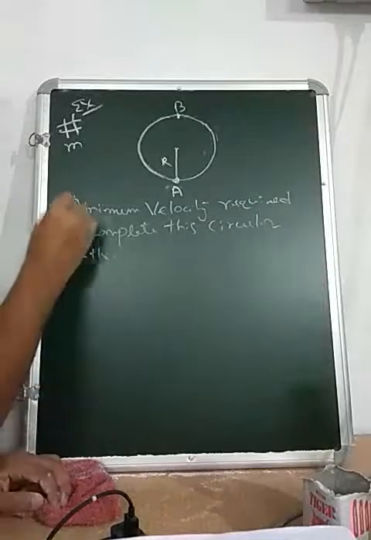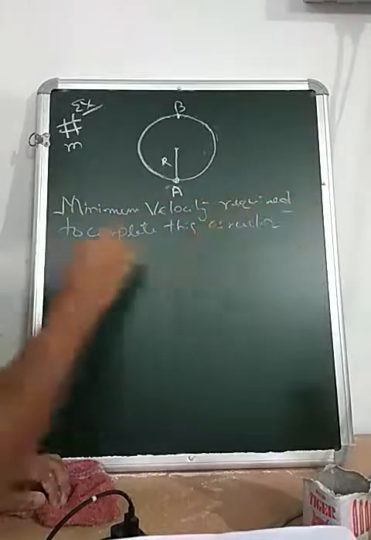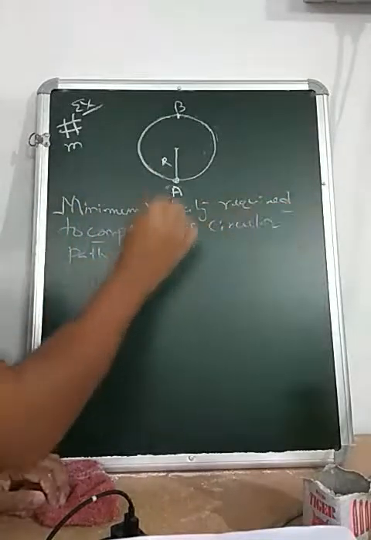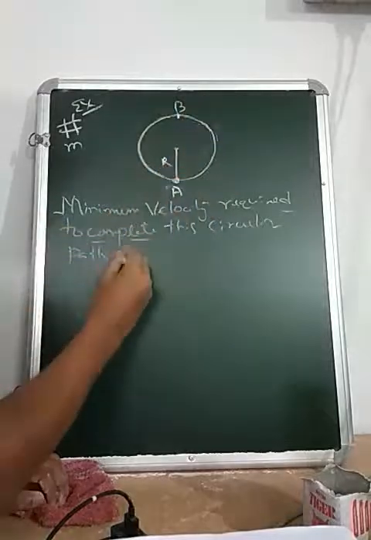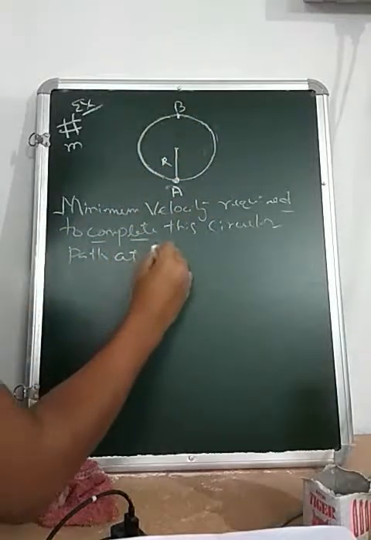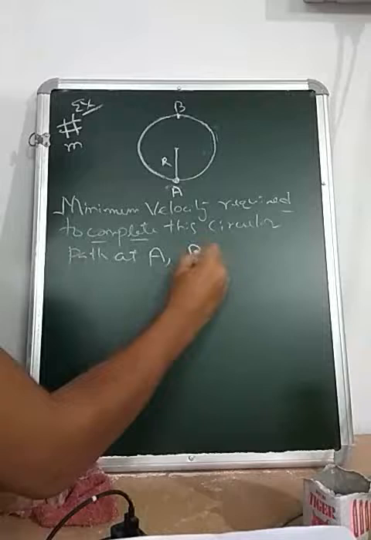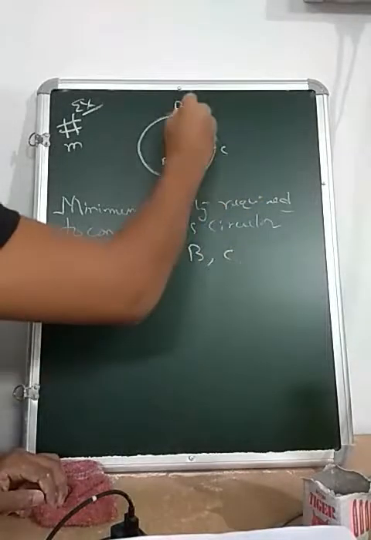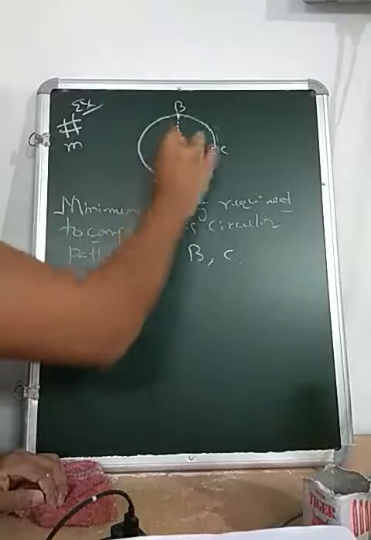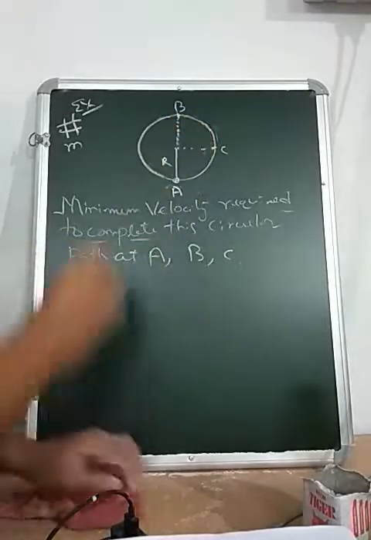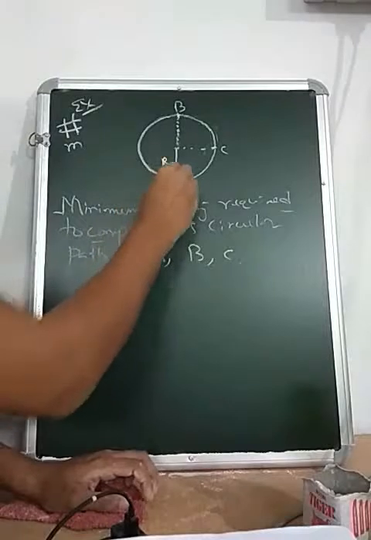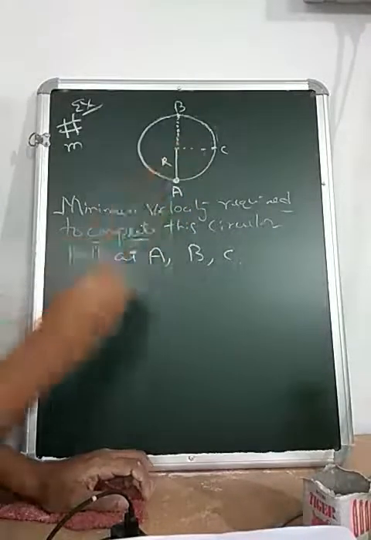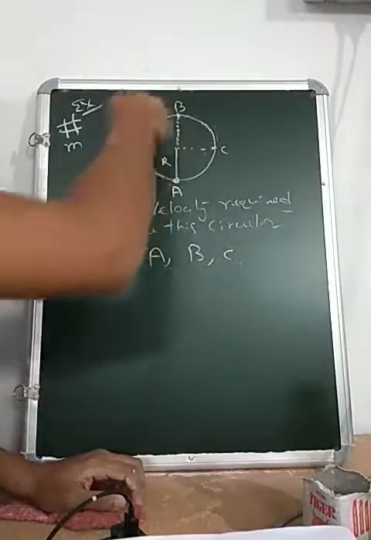You are asked to calculate the minimum velocity required to complete this circular path at position A, at position B, and another position at C. What is the minimum velocity at these three positions? What is the minimum velocity we should provide to this mass such that it can complete this vertical circle?